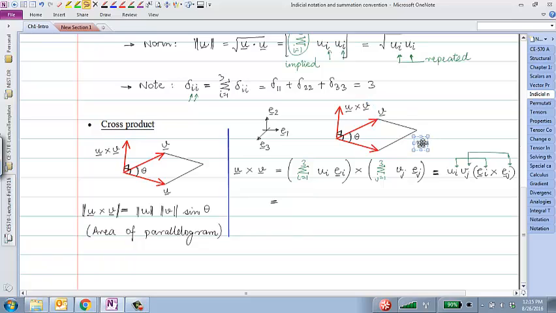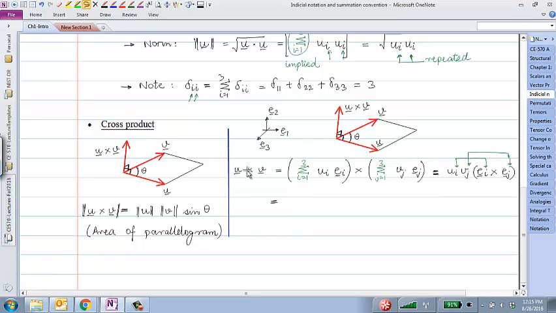Although this is a 3-dimensional figure, essentially the magnitude of the cross product vector would of course be the area of the parallelogram formed by u and v, which you know well, and the direction is given by the right-hand rule. Now, in terms of components, this will take some more operations.